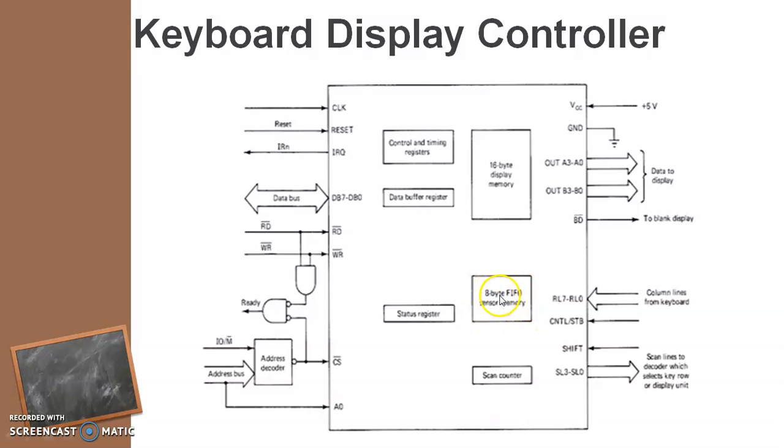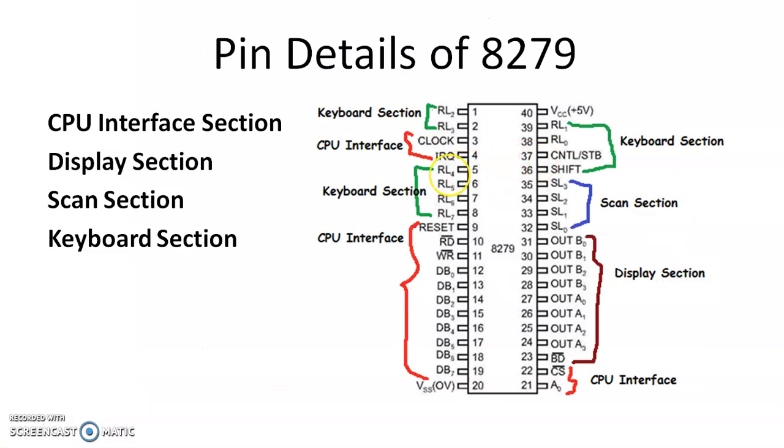So 8 keys can be stored in the FIFO sensor RAM. And there is a 16-byte display memory, so your processor can write a maximum of 16 display characters. The character to be displayed is entered here so that it can be lit up at the display unit.